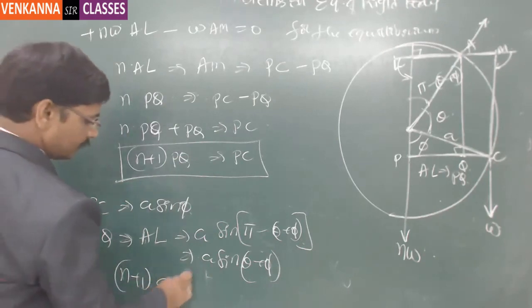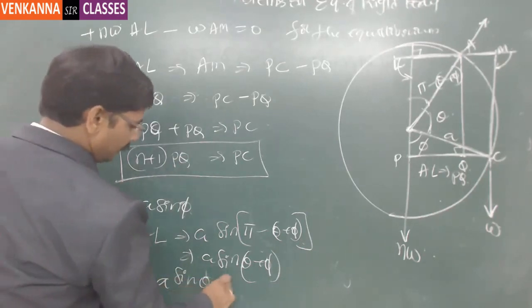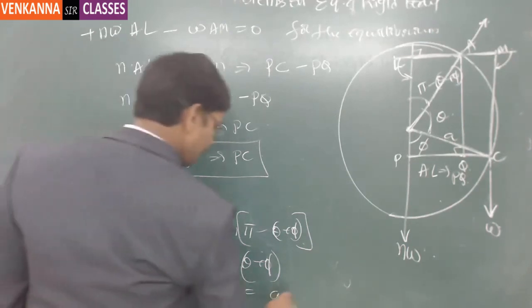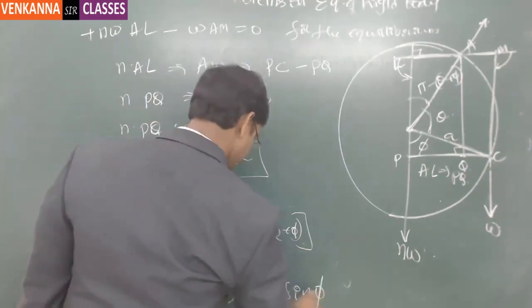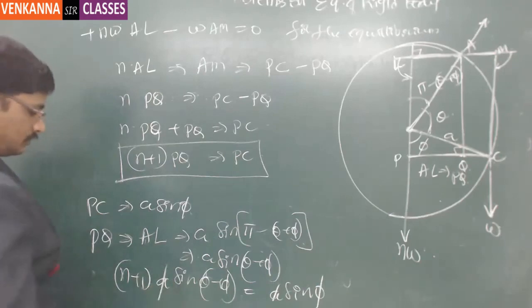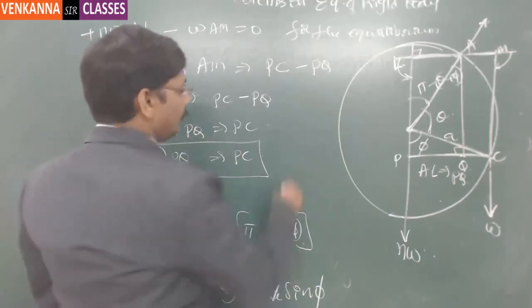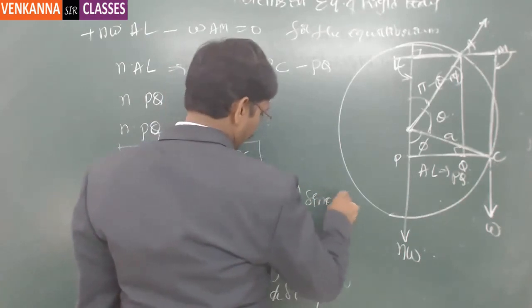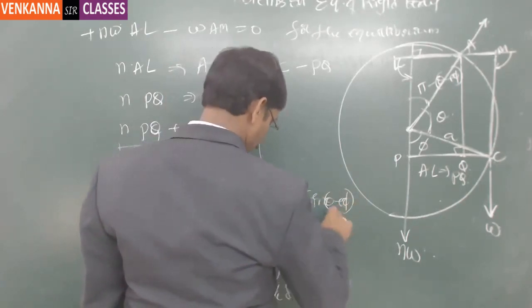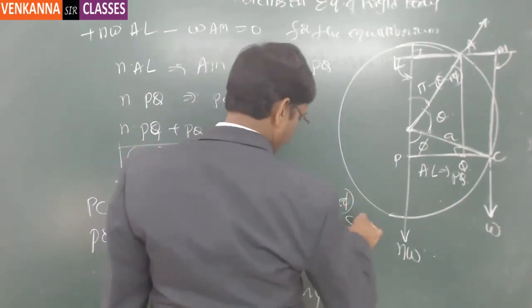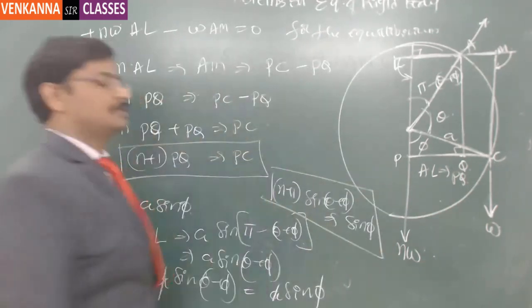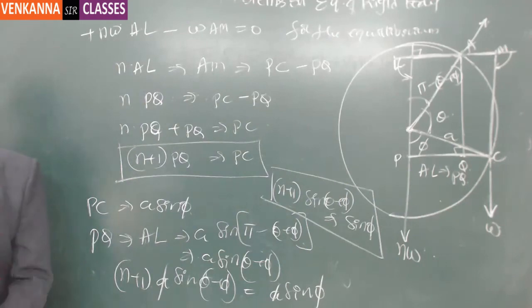PQ is A times of sine theta plus phi is equal to PC is equal to A sine phi. So this A will cancel out and we have got the relation n plus 1 times of sine theta plus phi is equal to sine phi. This is the relation. Got it?